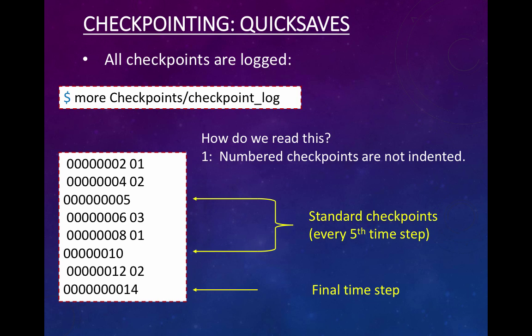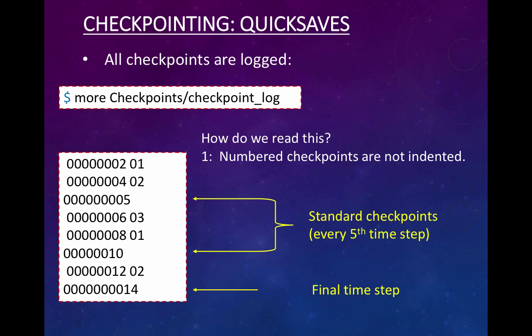If you look at the checkpoint log, you'll see a list of numbers, and some of those have a second number beside them. The standard checkpoints are just one number, and they're not indented. That's just telling you when those were written. The quick saves are indented slightly and they have the quick save slot next to them.